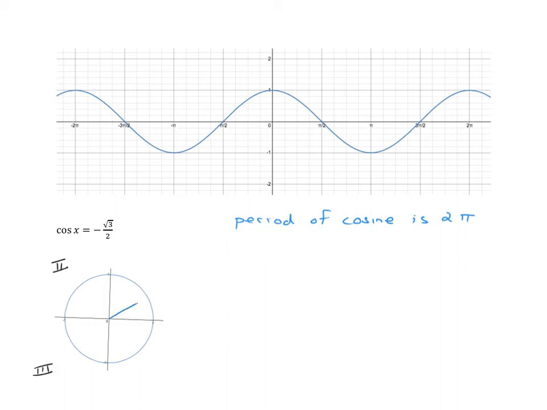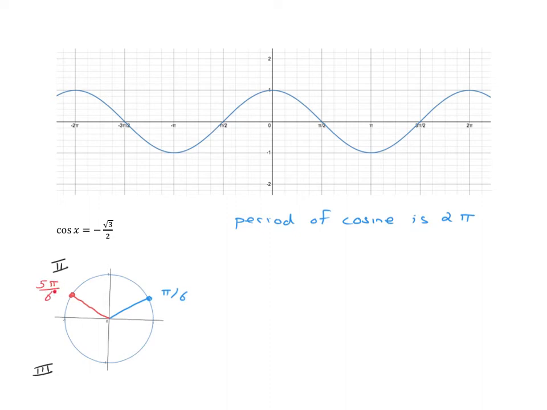So here's a 30-degree angle. Cosine is equal to positive root 3 over 2 at this angle. If you want cosine to be equal to negative root 3 over 2, you can find an angle over here. And just like last time, this angle is 5 pi over 6.